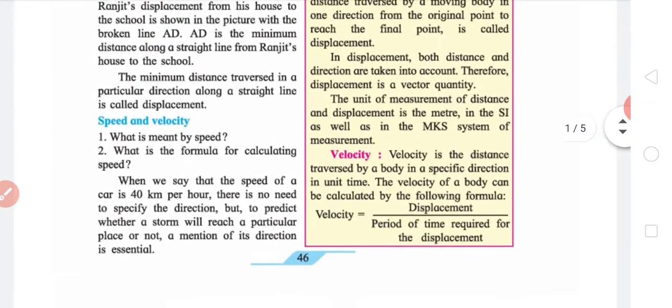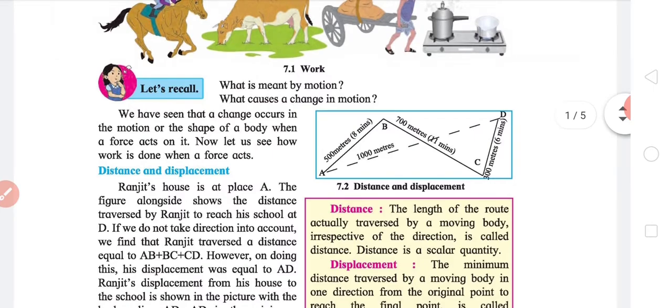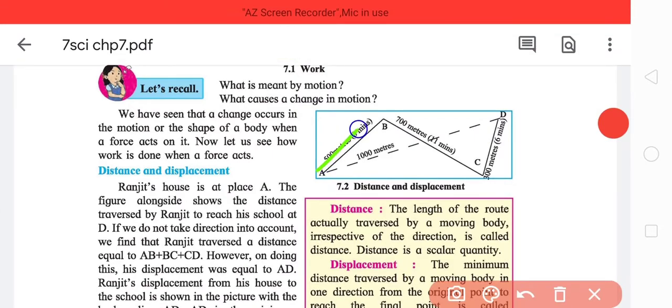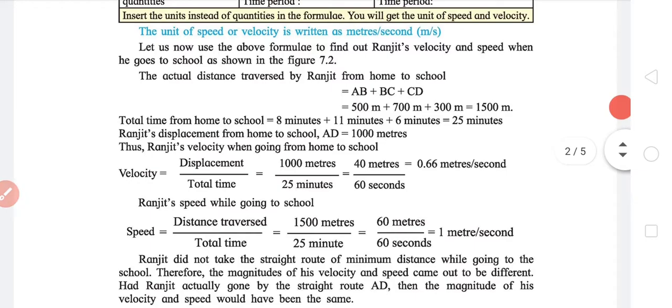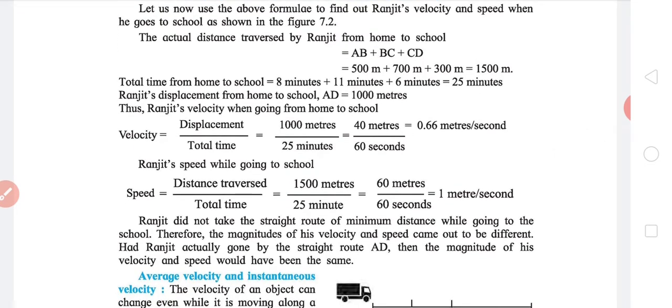And the time is also given as 8, 11 and 6. You add 8, 11, 6, which is 25. So you divide the two. The speed is given by 1500 meters upon 25 minutes, which is 1 meter per second.